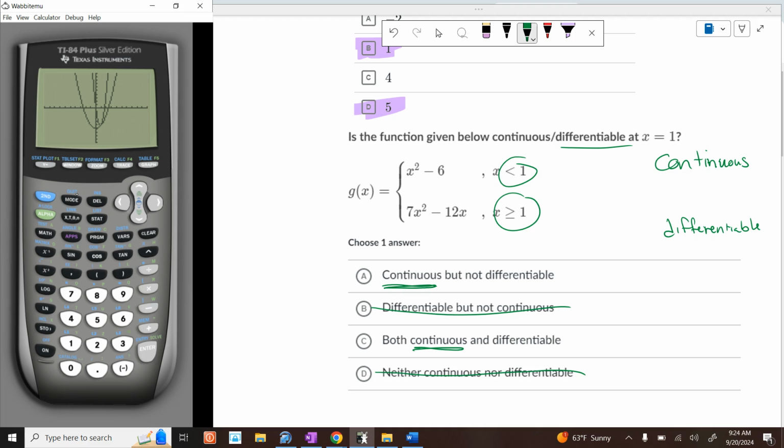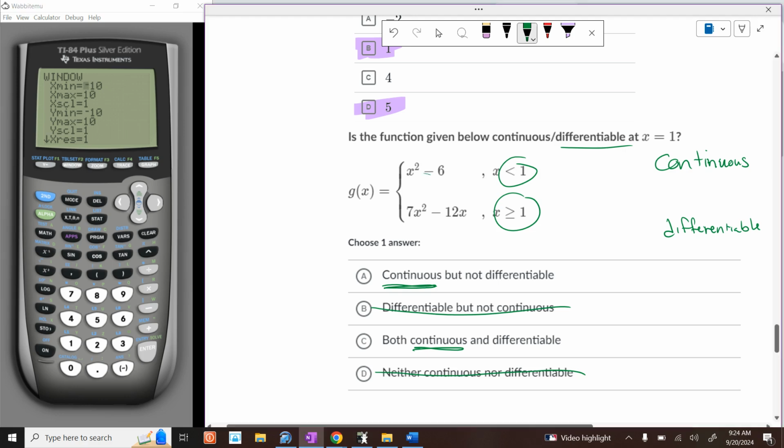So let's change our window. I want to zoom in right around what's going on here. When I put in a 1, I got a -5, right? So I want to zoom in right around 1, -5.